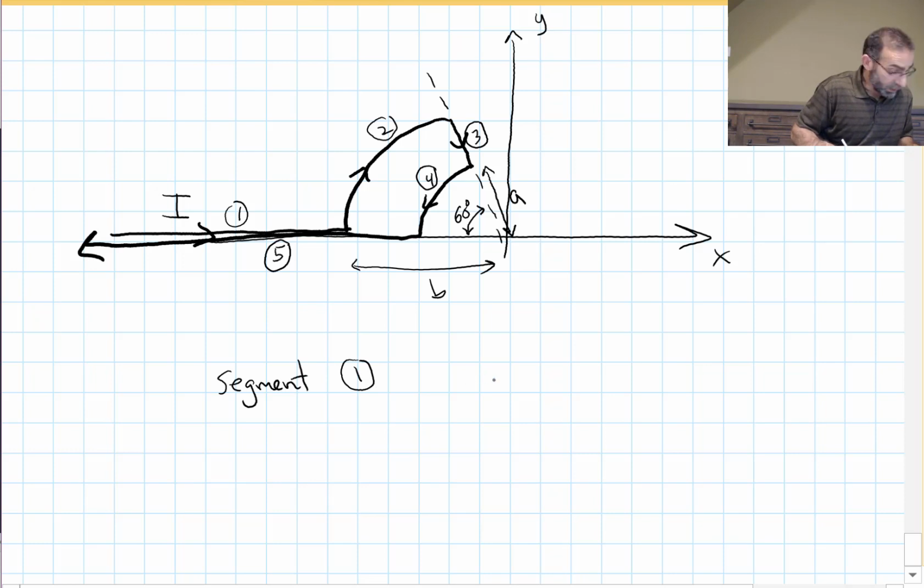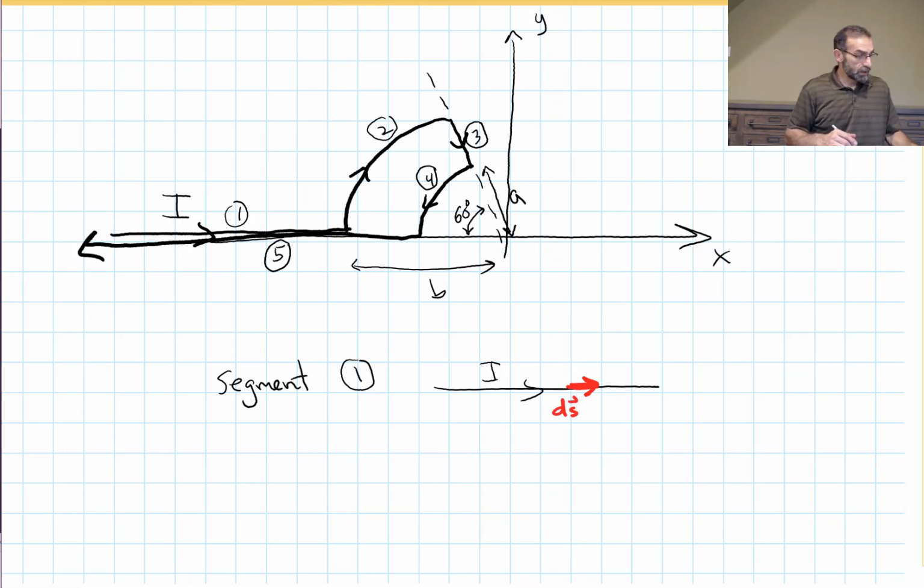Segment 1, we've got our current in this direction. So we can pick a ds. And where's our point of interest? Our point of interest is in line with the current.